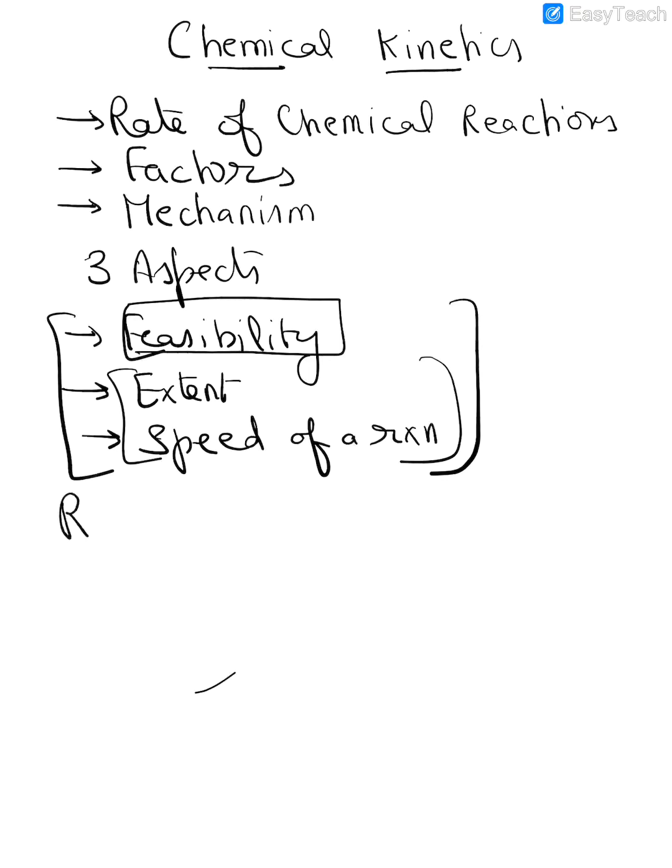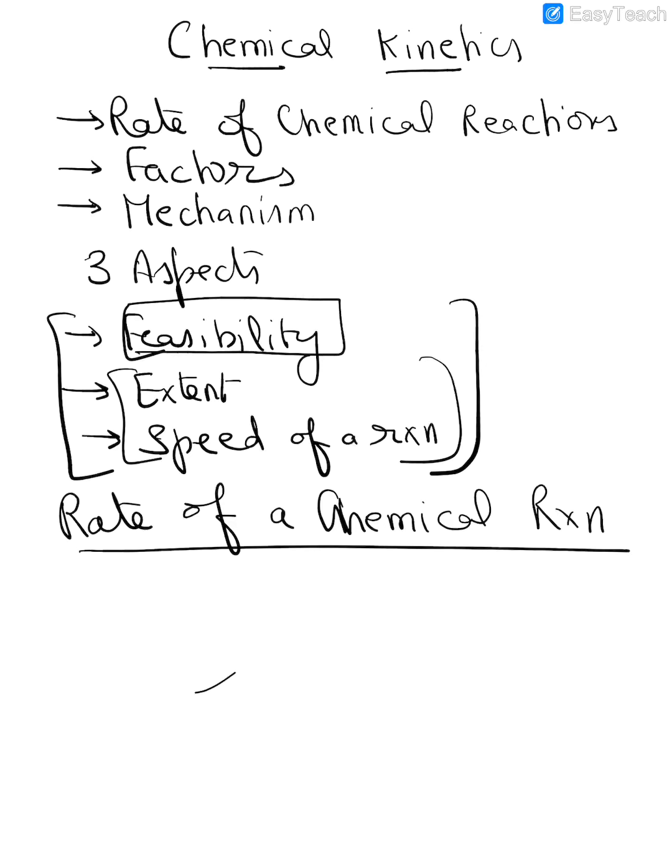Now, talking about rate of a chemical reaction. What do we understand by rate of a chemical reaction? It is the change in any one of the reactants or products per unit time. Or we can also say it is a measure of the speed with which the reactants are converted into products.